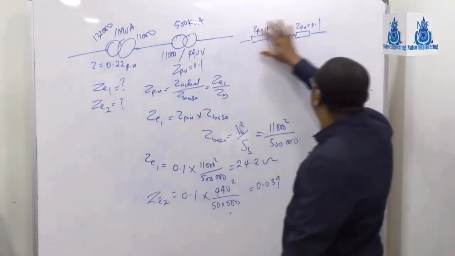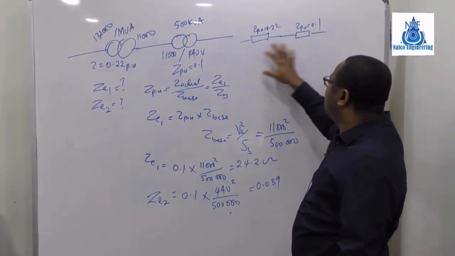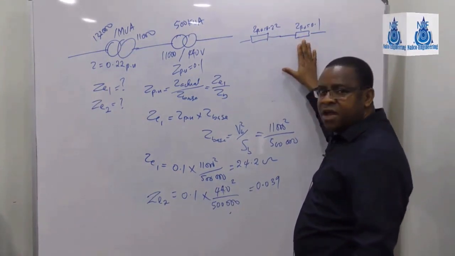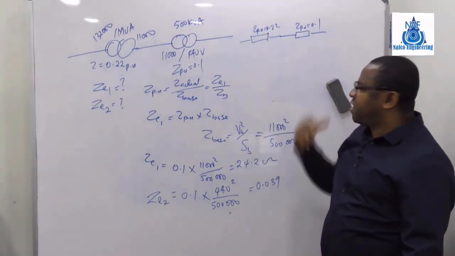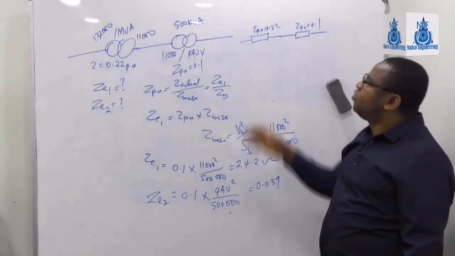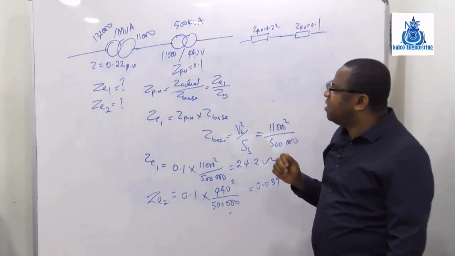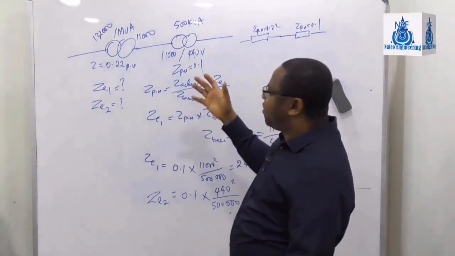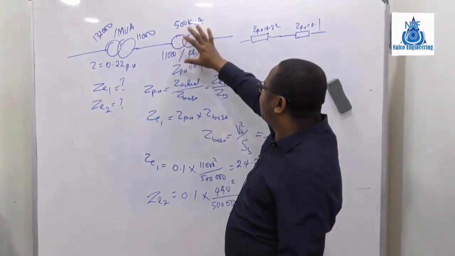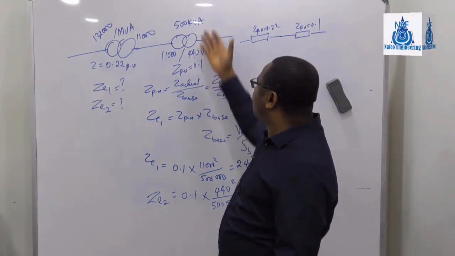And if I'm going to solve this, they have different bases. This is based on 500, this is based on 1 MVA. So I cannot leave them like that. I need to give them a common base. I'll tell the manufacturer, just for example, your Z per unit is 0.5 for 500 kVA.